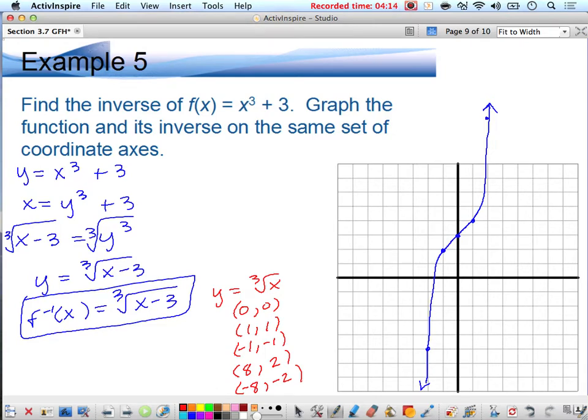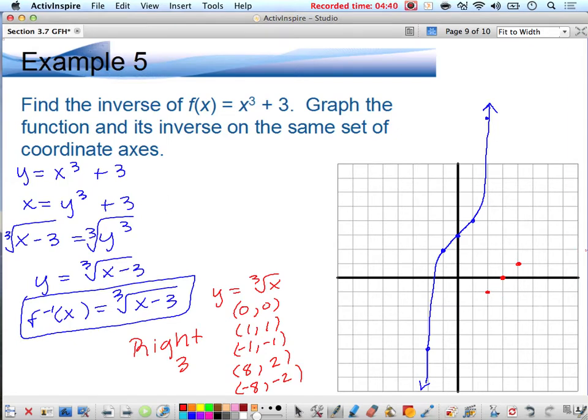This graph I want to graph is the exact same, but every point has been moved to the right 3 units. So we could do that. I start at (0, 0), but then I move it 1, 2, 3. (1, 1), move 1, 2, 3. (-1, -1), move 1, 2, 3. Positive 8, positive 2.